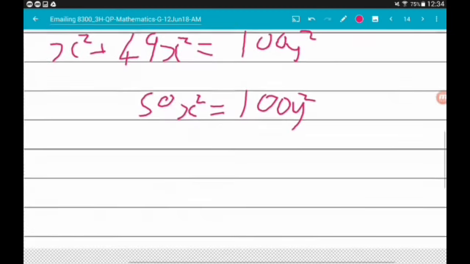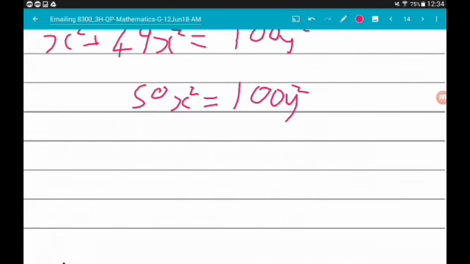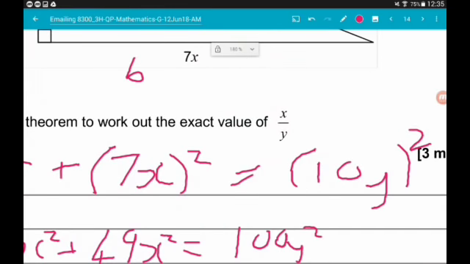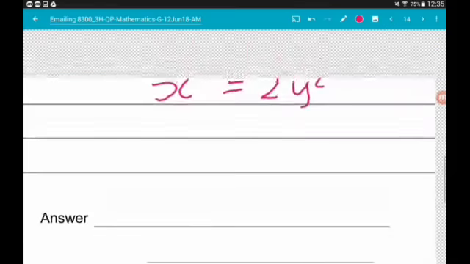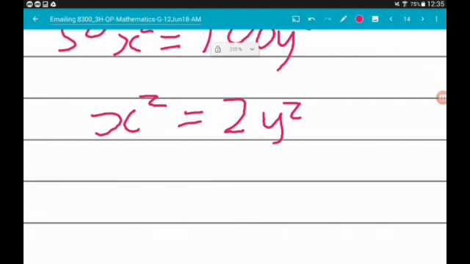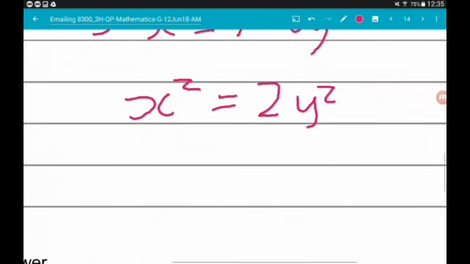Okay, now both sides have a common factor of 50. So I'm going to divide both sides by 50. So we're going to get x squared is equal to 2y squared. Now let's have a look at what we want. Again, we want x over y. So the next thing we're going to do is divide by y squared.